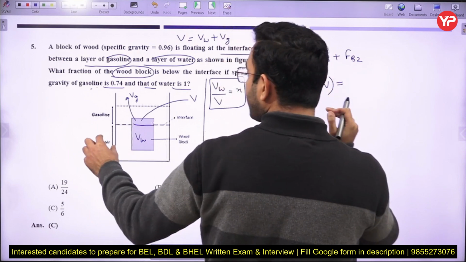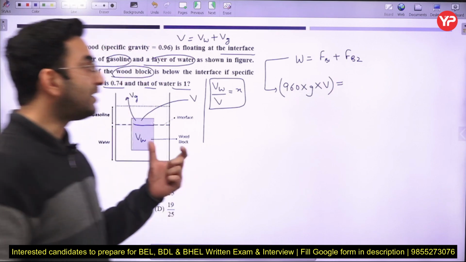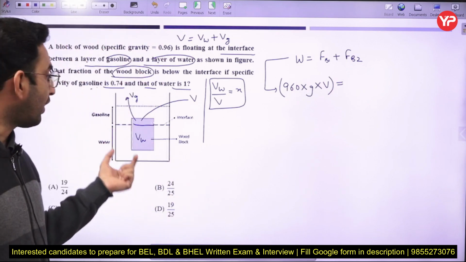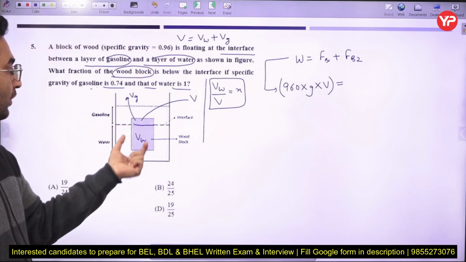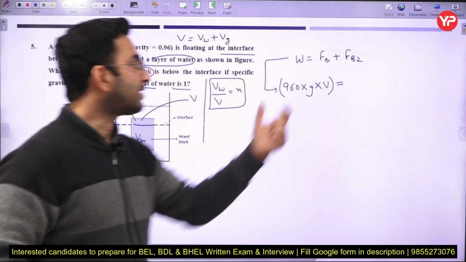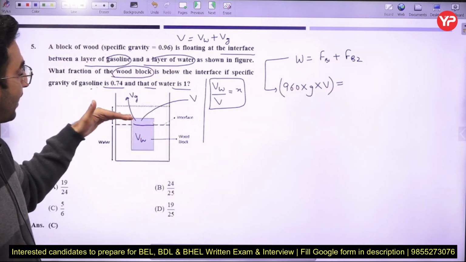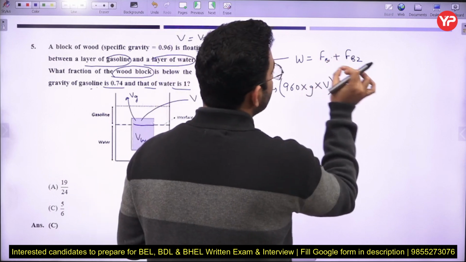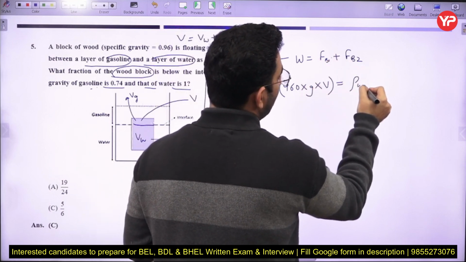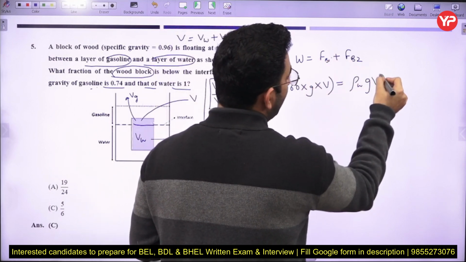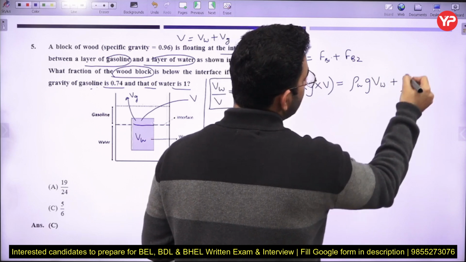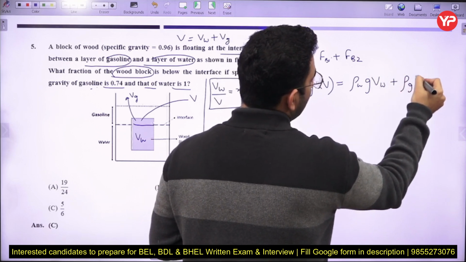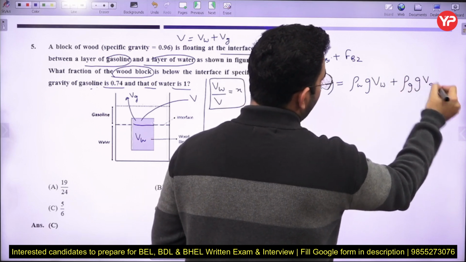Let us suppose FB1 is the buoyant force acting due to the water on the wooden block, and FB2 is the buoyant force acting by the gasoline on the wooden block. So we can write the buoyant force as rho w, gravity, multiplied by Vw, plus rho gasoline, gravity, V gasoline.